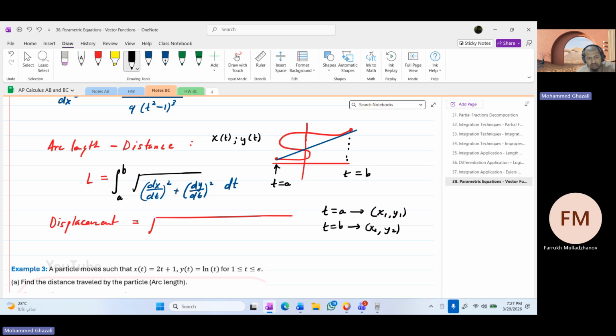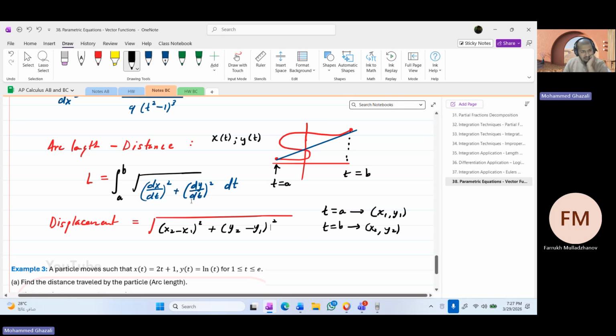Are we good? And then you just use the displacement formula, which is the square root of x2 minus x1 squared plus y2 minus y1 squared. That's it. It's basically the distance formula. In this case, displacement is always from starting to ending point.